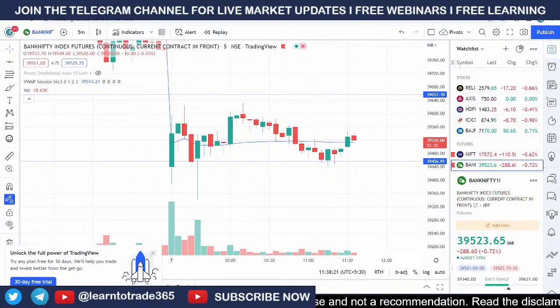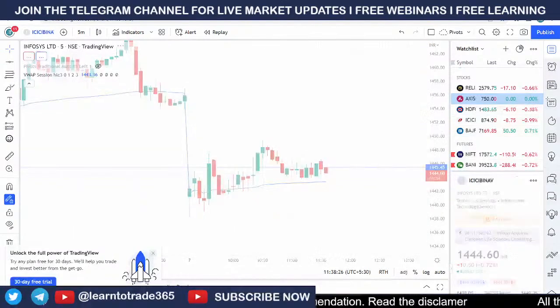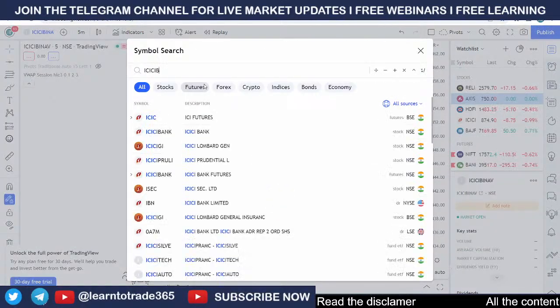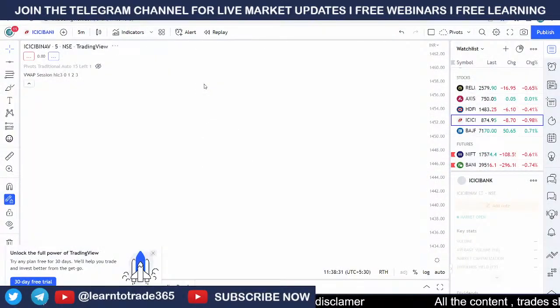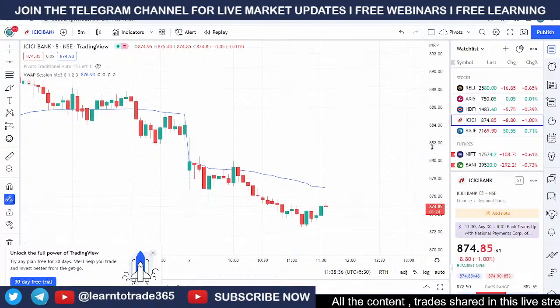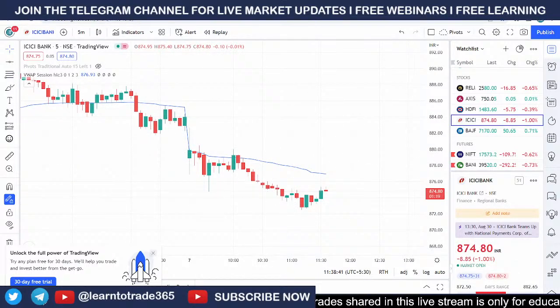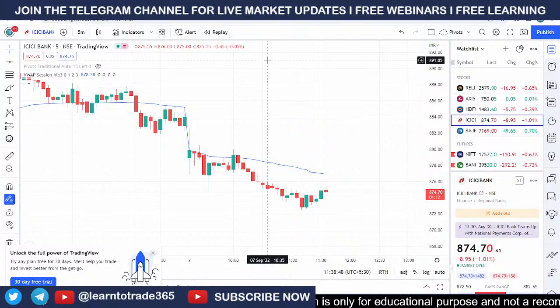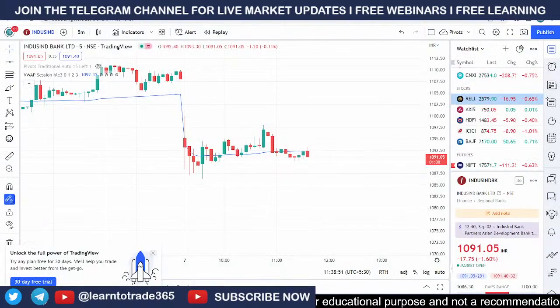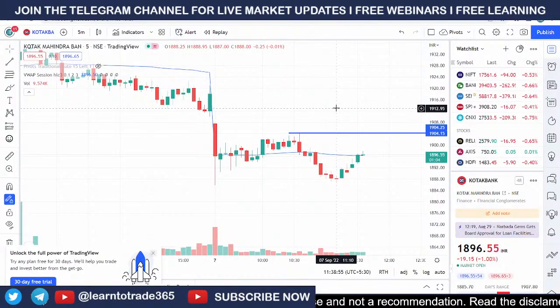Santosh sir is asking about ICICI Bank. Have a look at ICICI Bank. So far there is no aggressive strength in ICICI Bank. ICICI Bank has not come even to the VWAP, whereas among other banking stocks, Axis Bank is trading near the high of the day, Kotak Bank is above VWAP, and IndusInd Bank is around the VWAP.